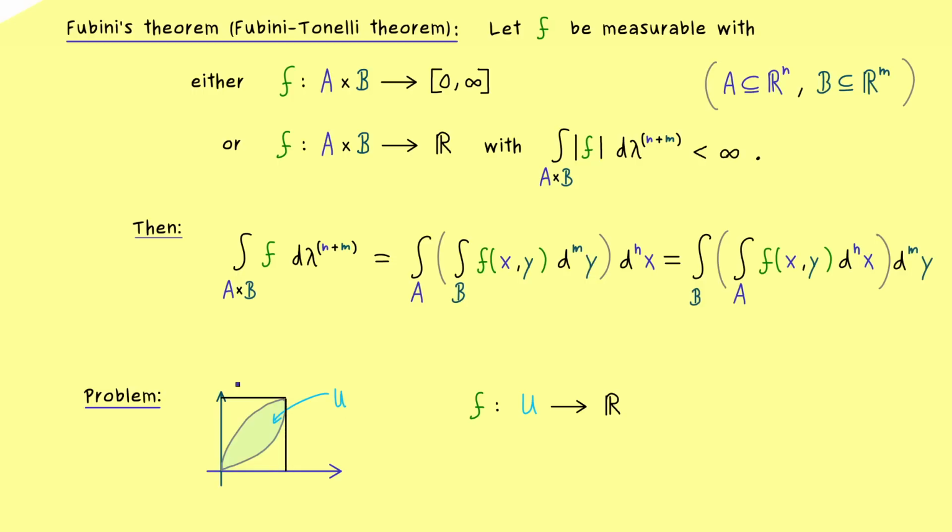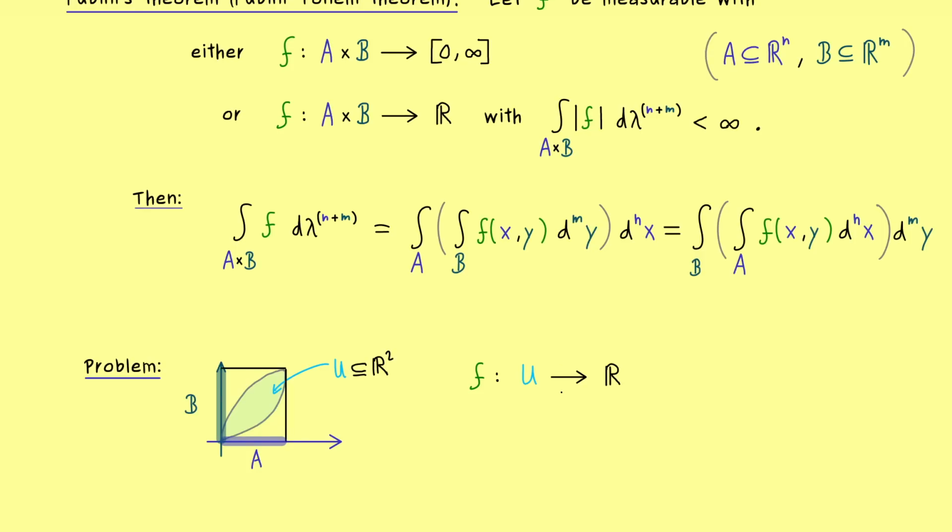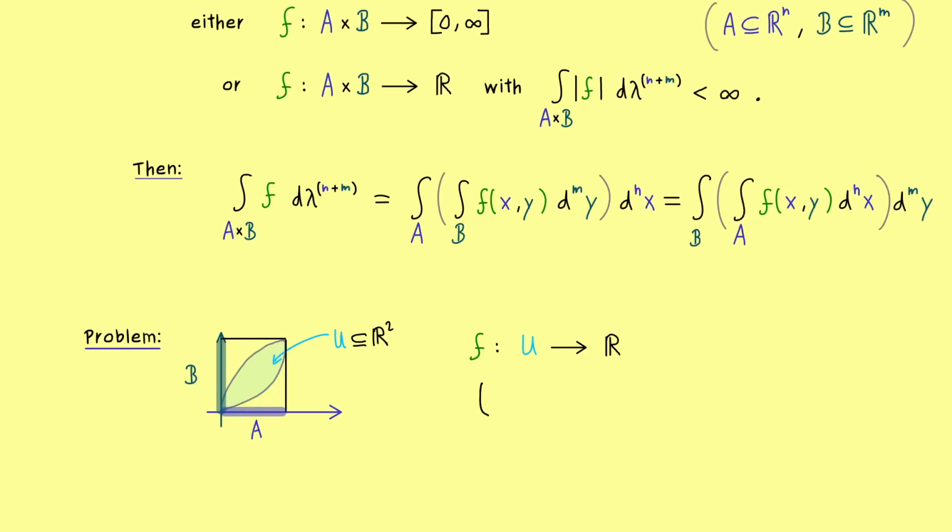And maybe not so surprisingly, this is exactly the solution of this problem. So we define intervals A and B and extend the function. And of course, this is always possible no matter what the domain U in R2 actually is. And then what we get is a new function, and maybe let's call it f tilde. So there we have the domain as we want it, and if we restrict f tilde to U, we should get f again.